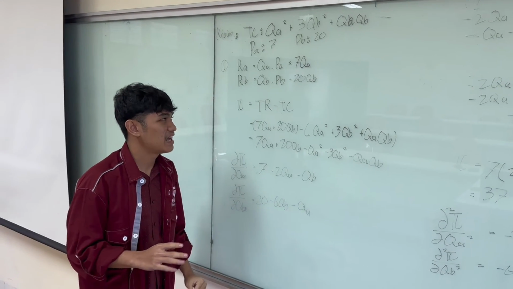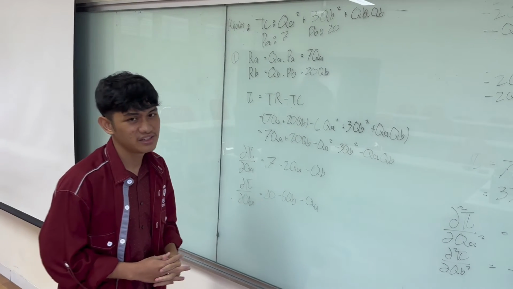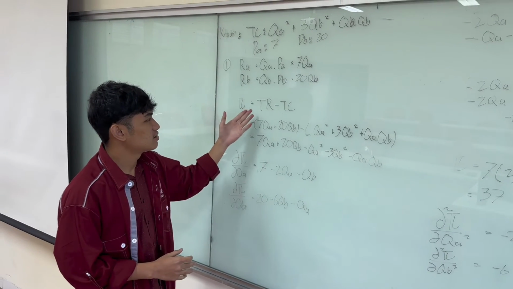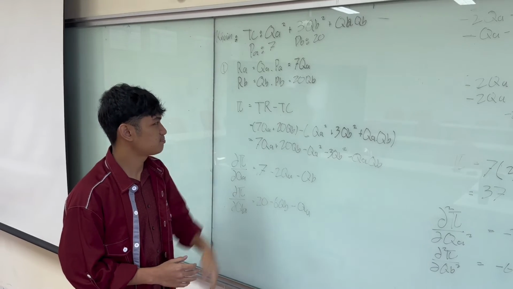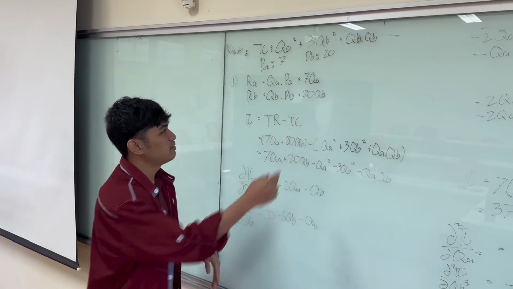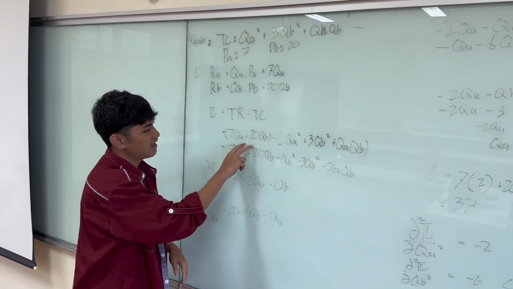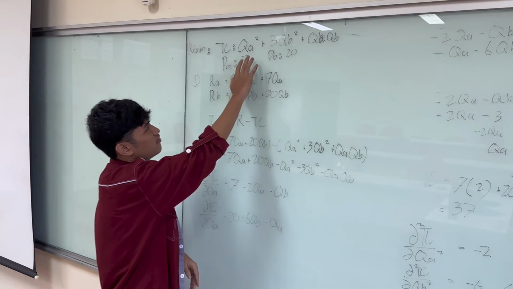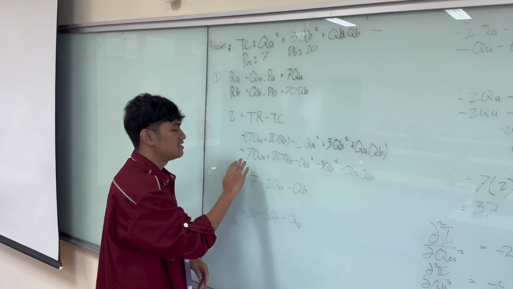After that, we find profit P by total revenue minus total cost. We move the total revenue into this, and then subtract the total cost, and this is the result.